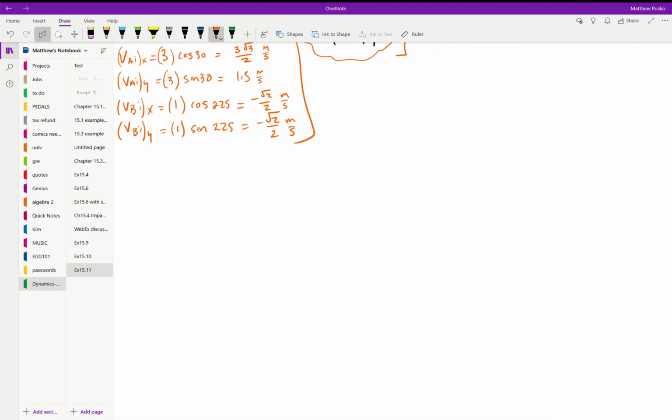Let's conserve momentum in the x direction. And why the x direction?